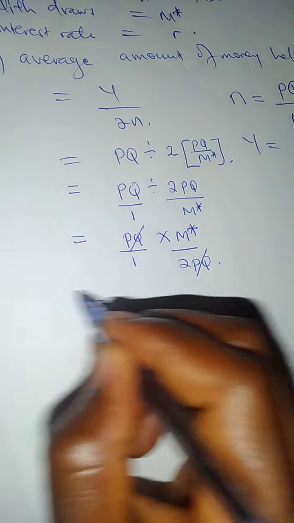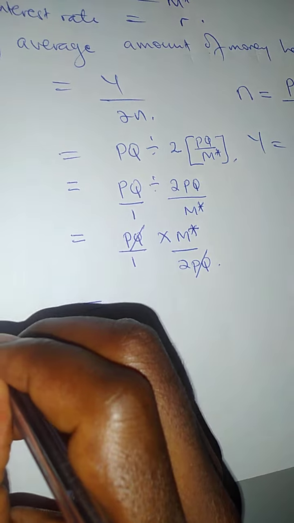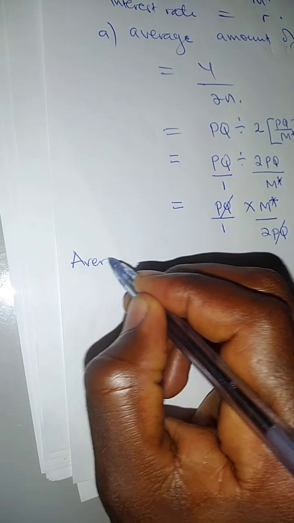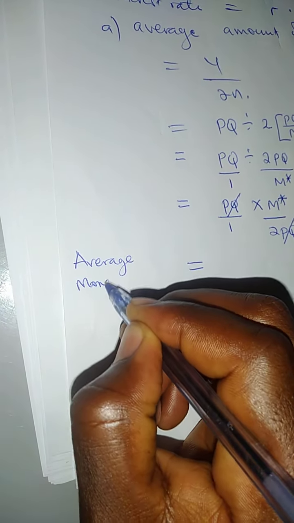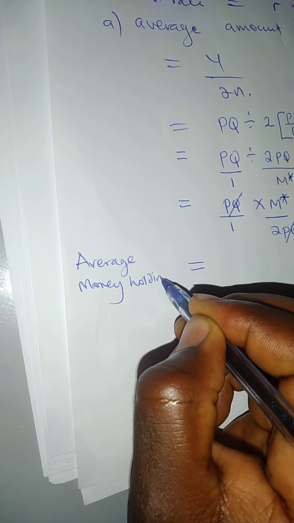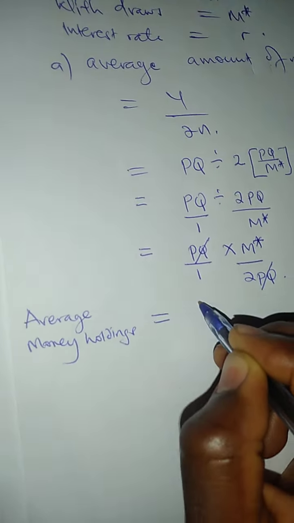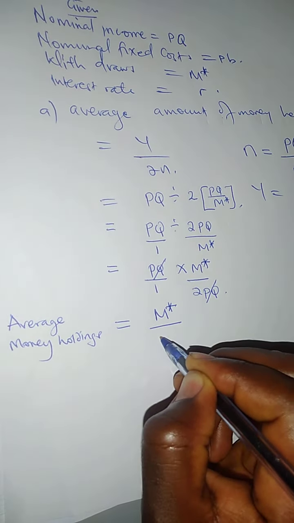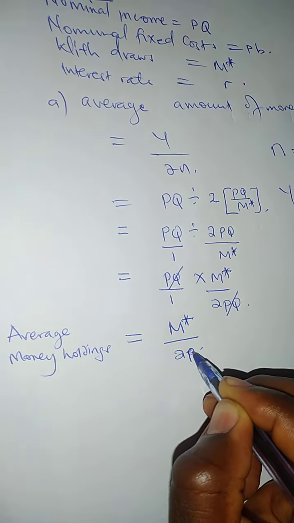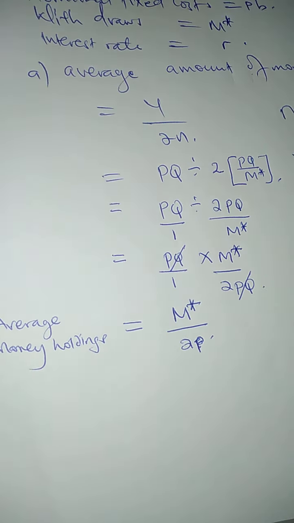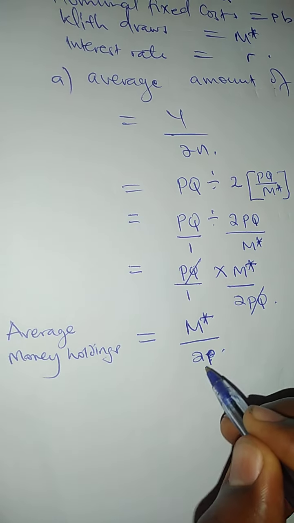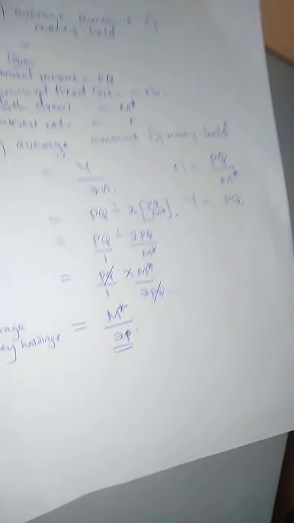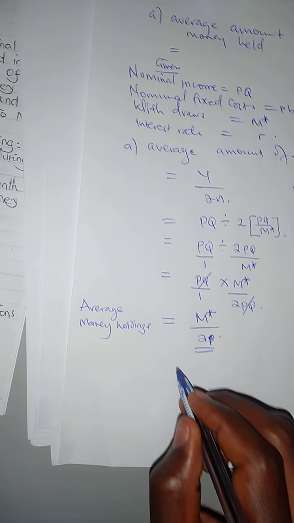We get our average amount of money holdings equal to M star over 2.